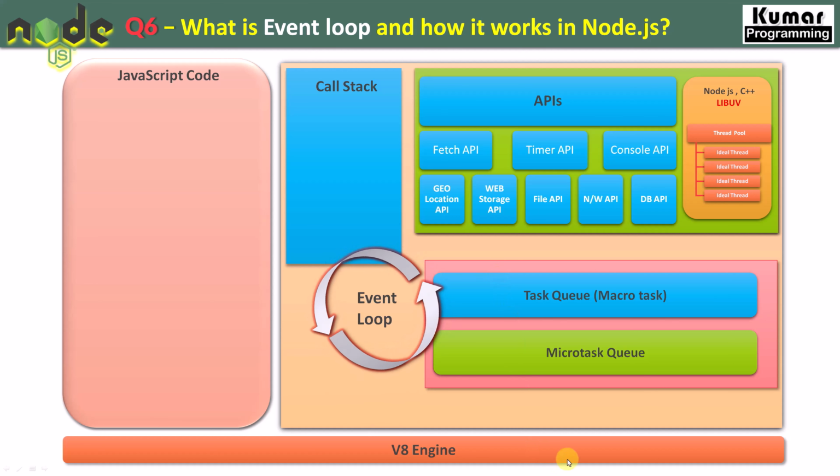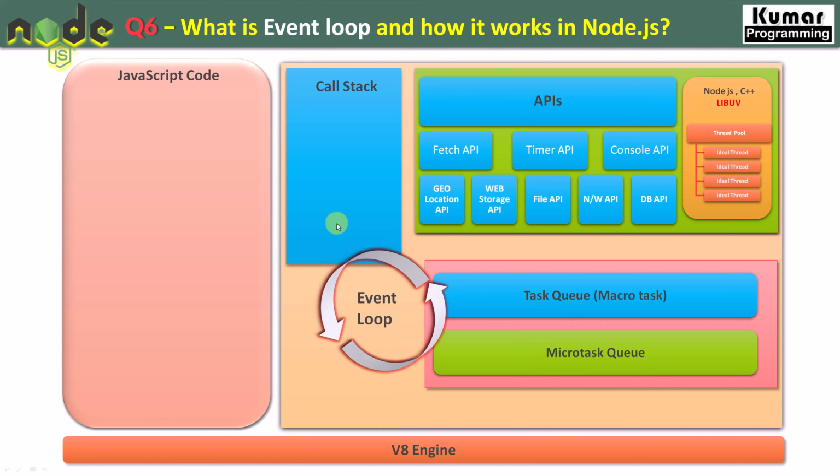So now the important thing to understand is we have our JavaScript code, and that JavaScript code is getting executed on top of the V8 engine, and inside this engine we have our call stack. All the function blocks are getting registered inside the call stack, and if they are synchronous functions, they are getting executed immediately.